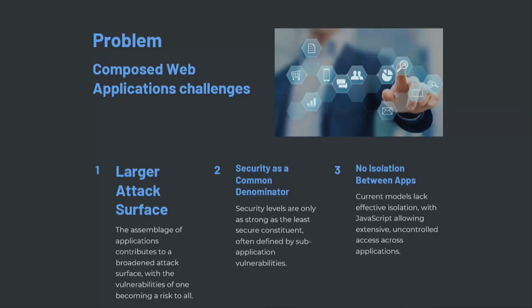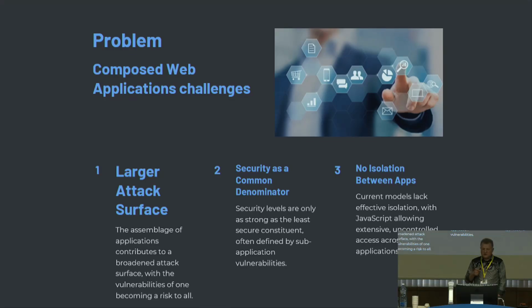With third-party application integration as a general pattern, we will have a larger attack surface. The assemblage of applications contributes to a broadened attack surface, where a vulnerability of a single one becomes a risk for all. Security is the common denominator, obviously.